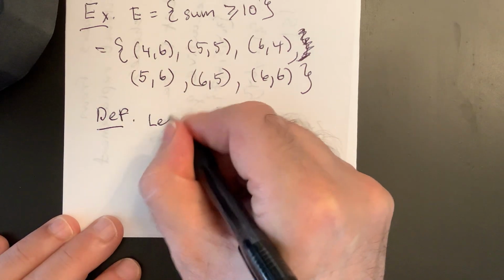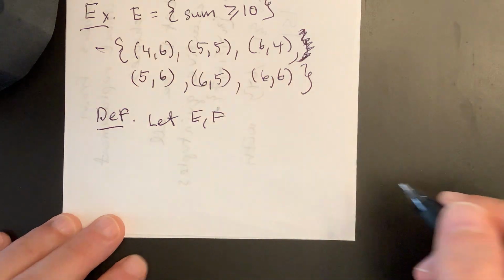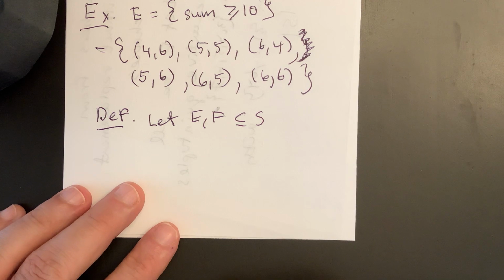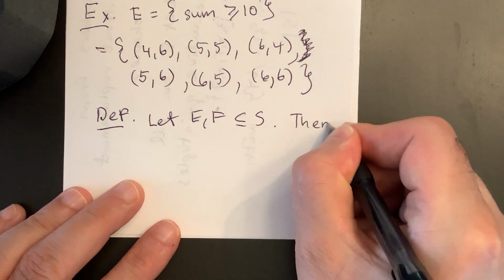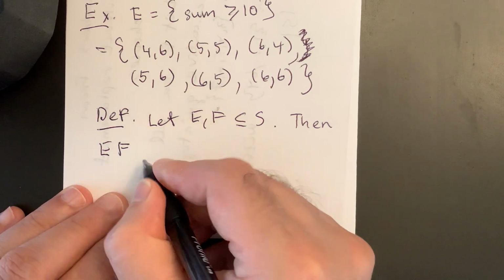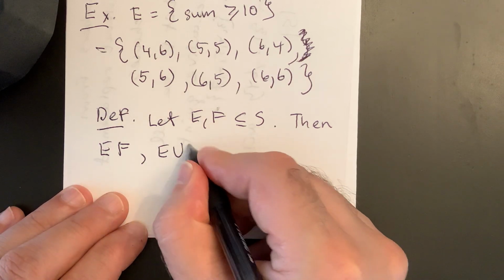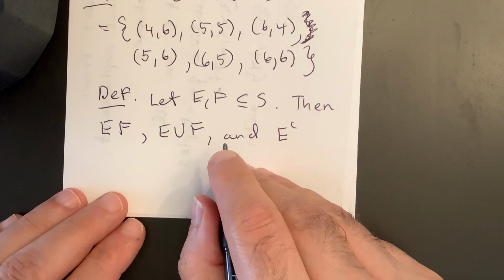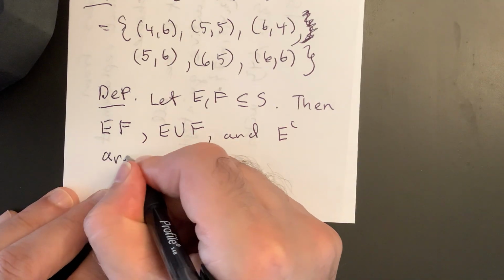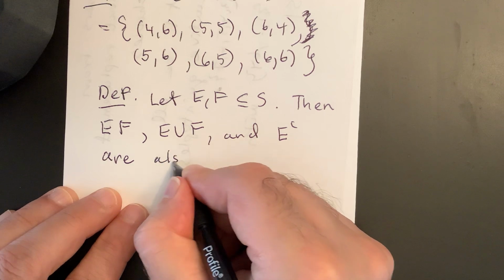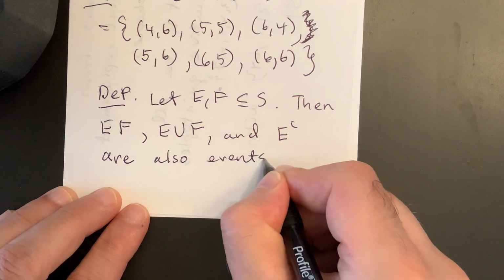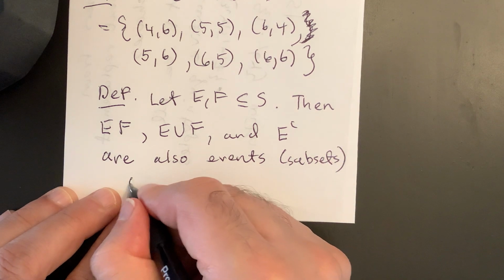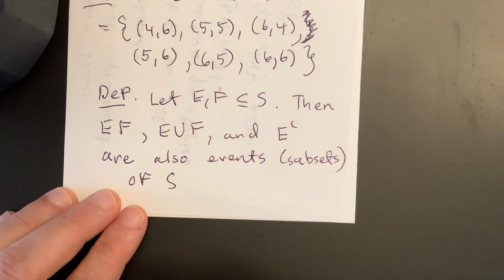Let E and F be events in S. Then EF, E union F, and E^C are also events or subsets of S, and defined as follows.